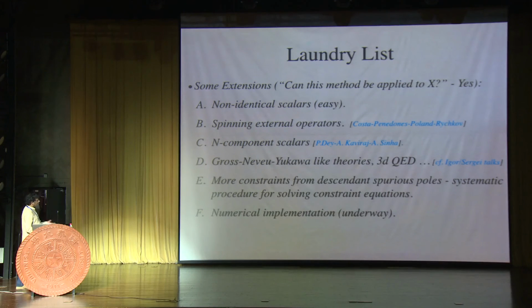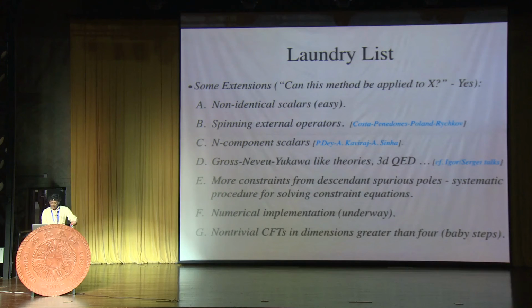And of course, there's probably only so much one can do analytically, but we are hopeful that this will be a useful approach for numerical implementation as well. And finally, we've taken some baby steps for properties of CFTs in higher than 4 dimensions, but it's still preliminary. Okay, thank you very much.